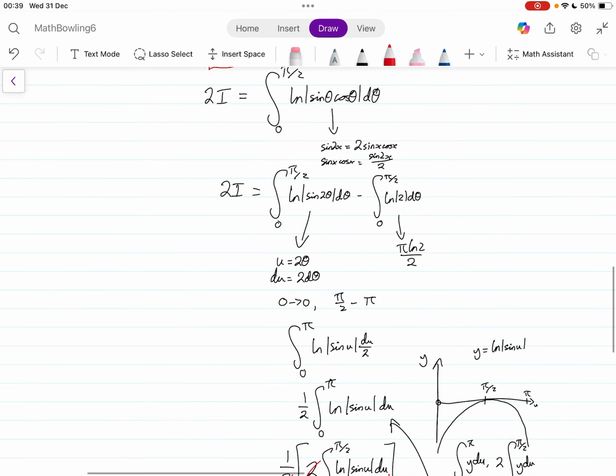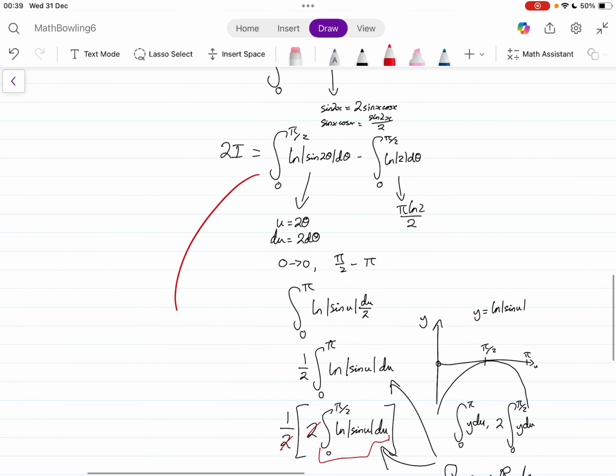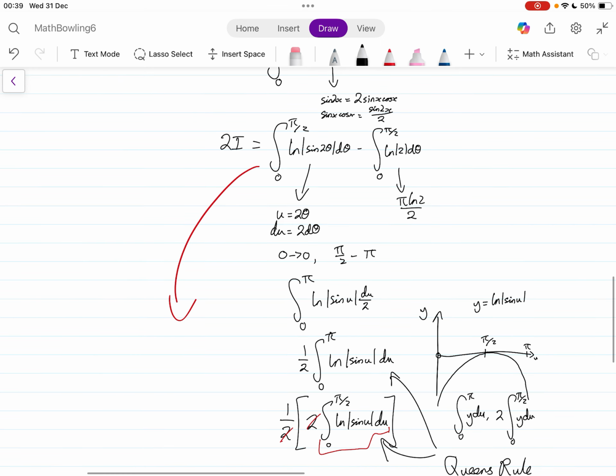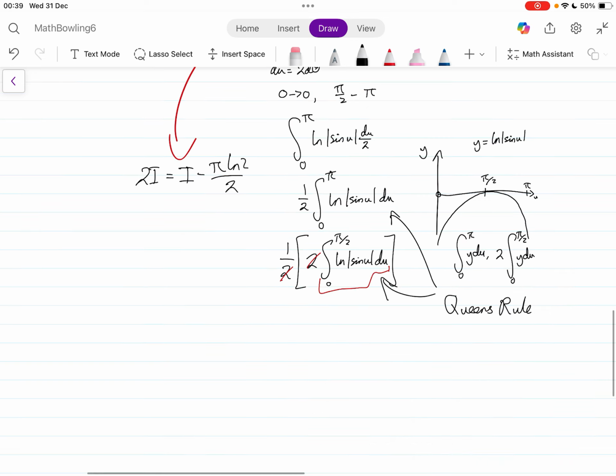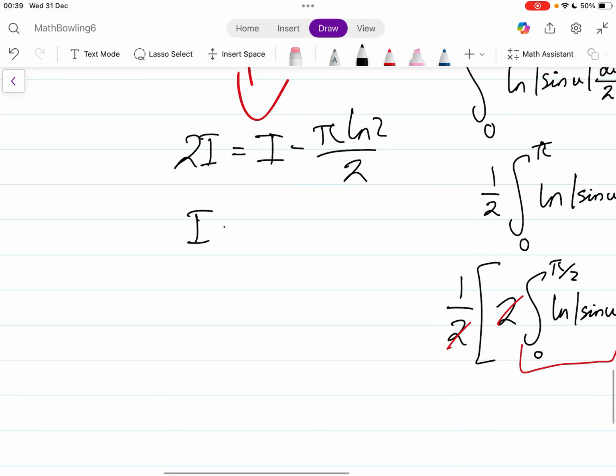Up here. So going back to this, we have 2I equals I minus pi ln 2 over 2. So I equals negative pi ln 2 over 2.